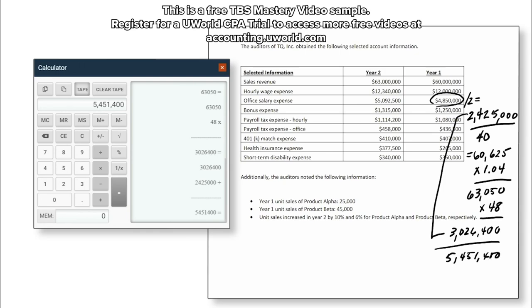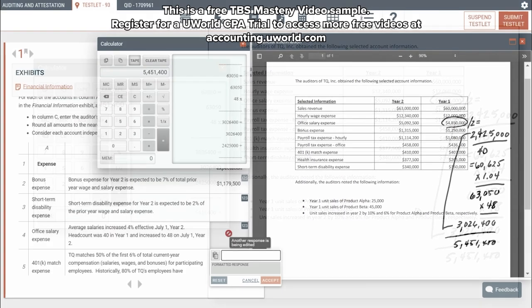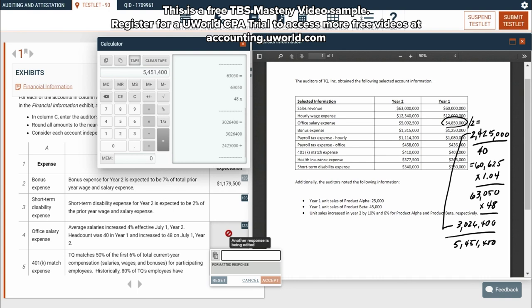So that is my year 2 estimate or expectation. So now I need to enter that into the system. So I will enter $5,451,400.